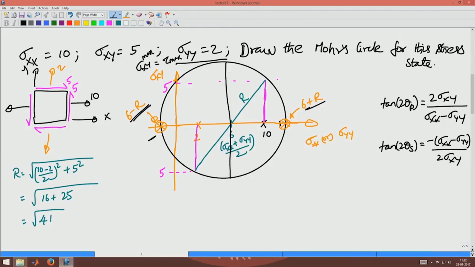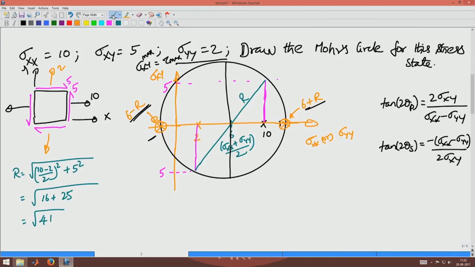Okay. Now, what is theta p? Theta p is the clockwise rotation. This is the plane on which we add our stress state, and this line represents the maximum extremum normal stress plane. Okay.